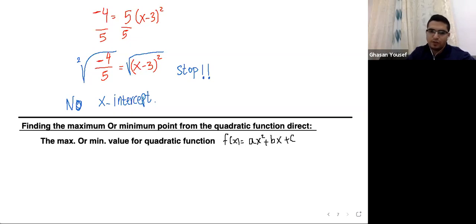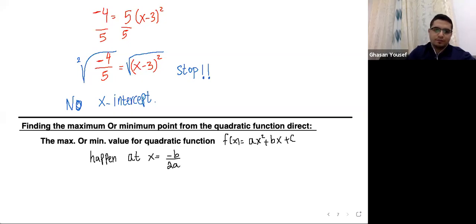This is my quadratic function. Now I'm going to find the maximum or minimum value directly. It happens at x equal minus b over 2a for two conditions.